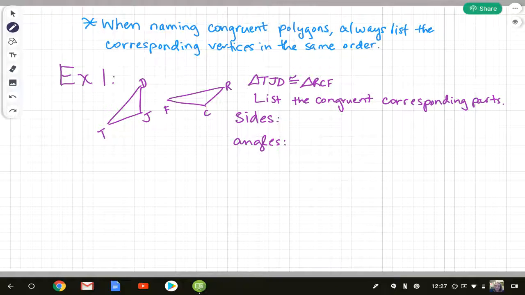Okay, so it's important when I'm naming congruent polygons to make sure that I list the corresponding vertices in order. So remember, the vertices are where the lines come together. So in this example, vertices would be T, D, J, F, R, C. Now, when I look at them, sometimes they will tell me in advance that the two figures are congruent, and I can use the way that they list the vertices to name congruent corresponding parts.